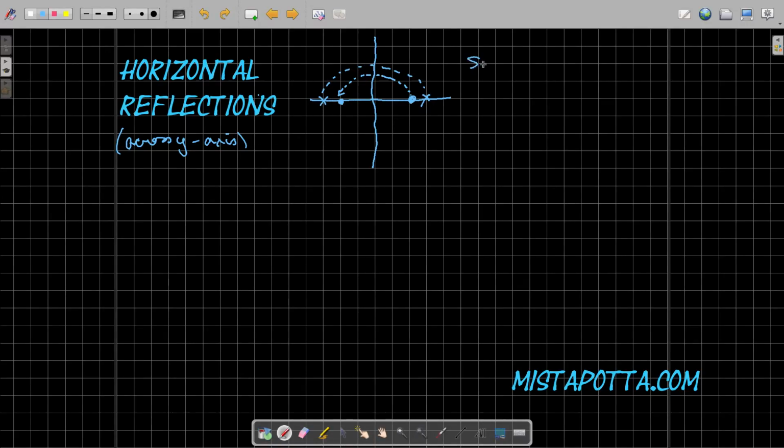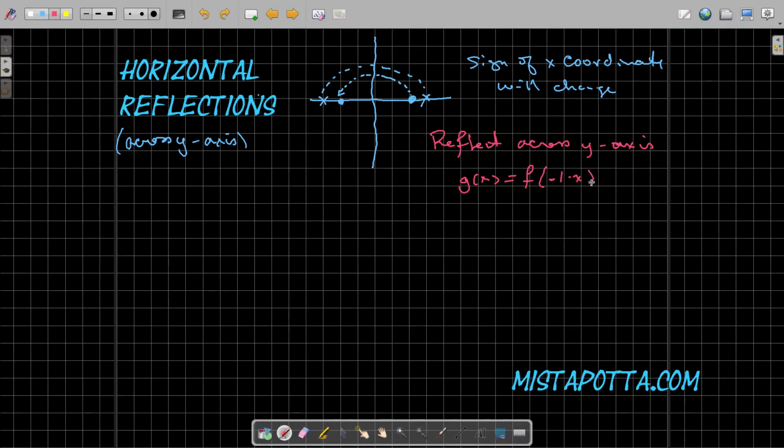So in other words, the sign of my x coordinate will change. So for us, if I want to reflect across the y-axis, then g of x is going to be f of -1 times x.